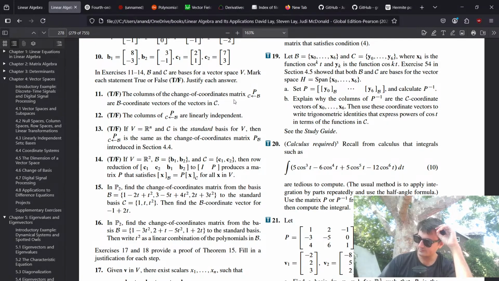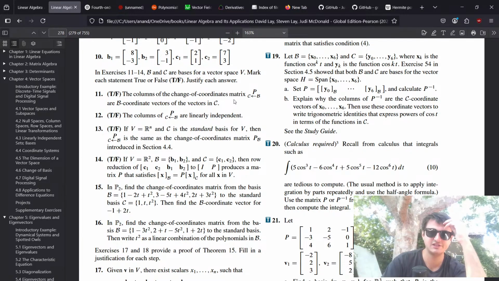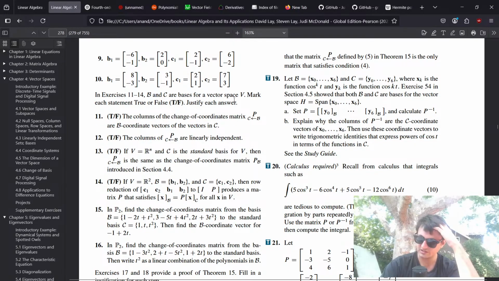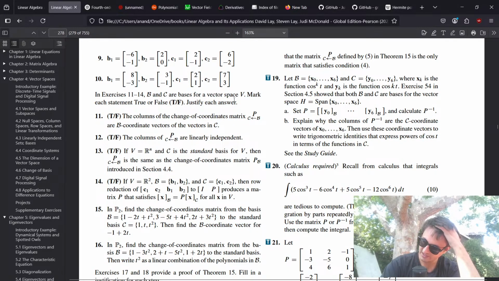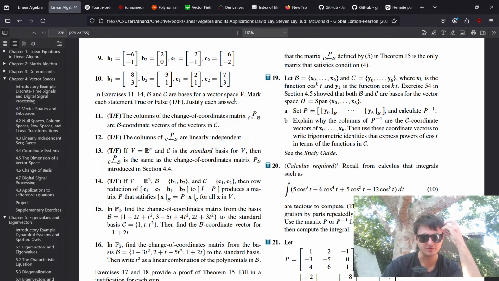P from C to B is how to write the basis C in terms of B. And it takes a C coordinate vector and returns a B coordinate vector.